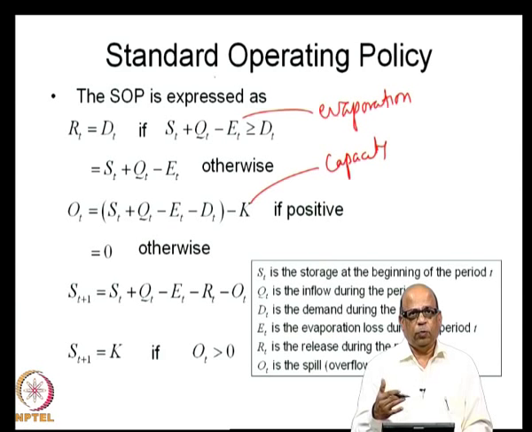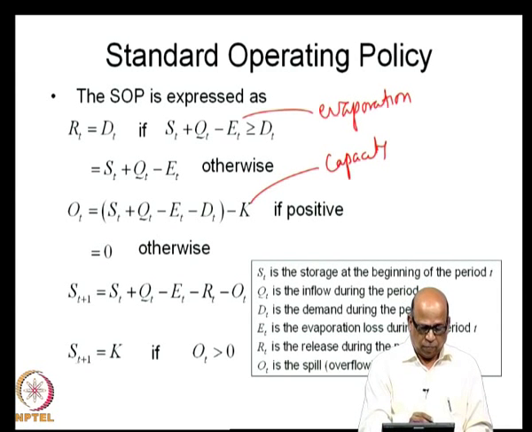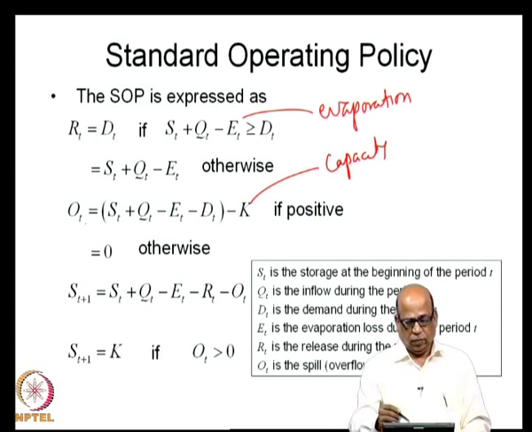We should be able to simulate the operation of the reservoir using the standard operating policy. And of course, because of this condition, S T plus 1 will be equal to K whenever O T is greater than 0, because of the way we calculate the O T. So, this is the algorithm by which we simulate the standard operating policy.